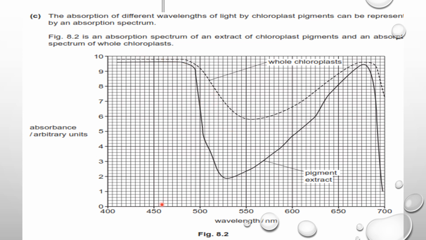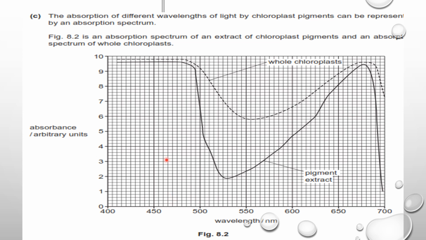But remember, if you want to answer a description question, make sure you find the value of one box. From here to here is 50, so 10 boxes gives us 50, so one box is 5. From here to here is 1 for 5 boxes, so one box is 1 over 5, which is 0.2.